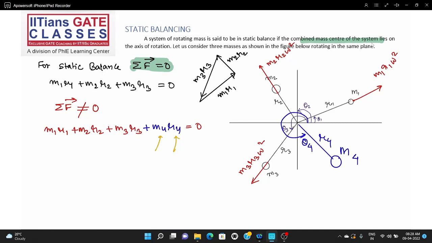This kind of small questions can definitely be asked. And also remember, static balancing is done for a system of masses which is rotating in a single plane.